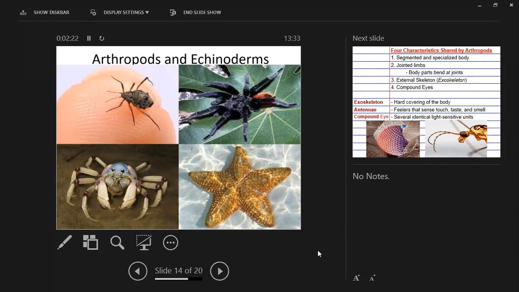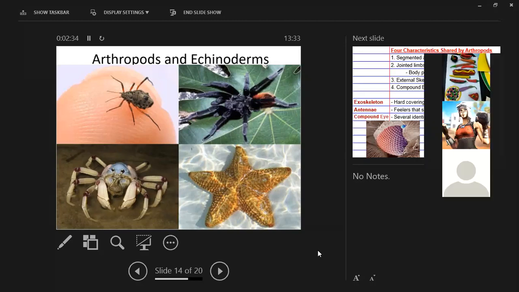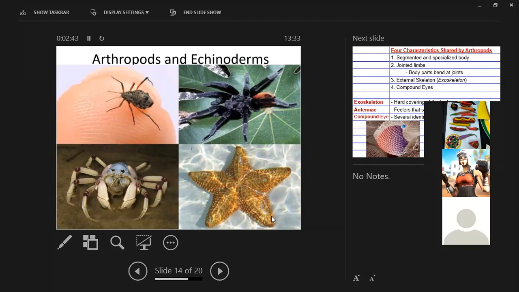Arthropods have a simple but very efficient nervous system and a good sensory system. Now, what are vertebrates? Let's move to the next slide.